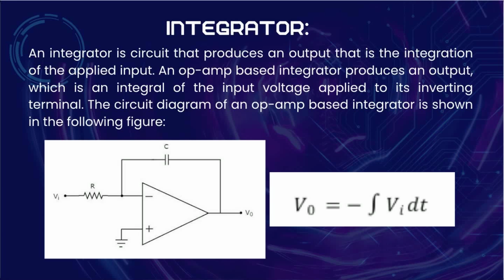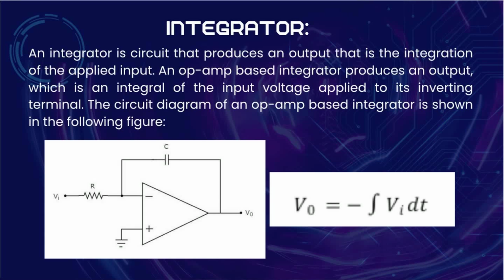That means 0 volt. Similarly, according to the virtual short concept, the voltage at the inverting terminal is also considered as 0 volt. This is the equation for the inverting input terminal in the case of the integrator. And the output voltage of the integrator circuit is V0 equals minus integration of Vi dt.